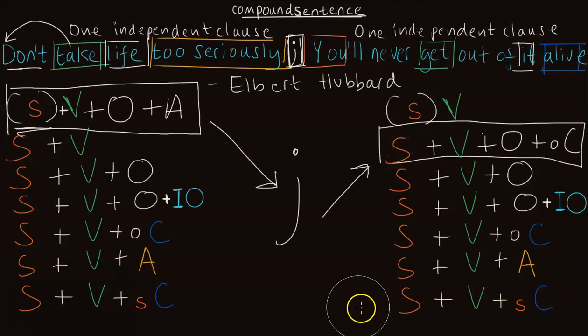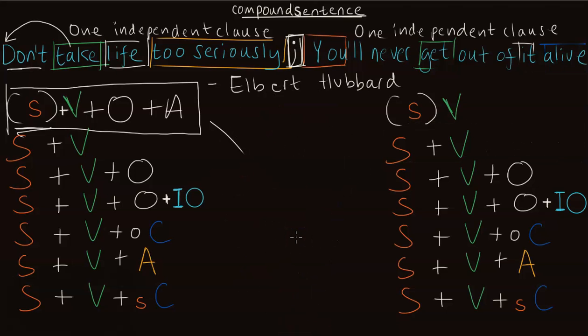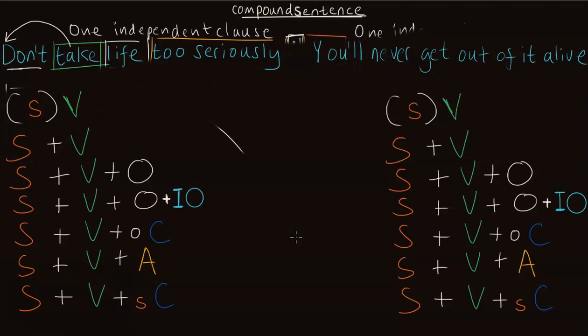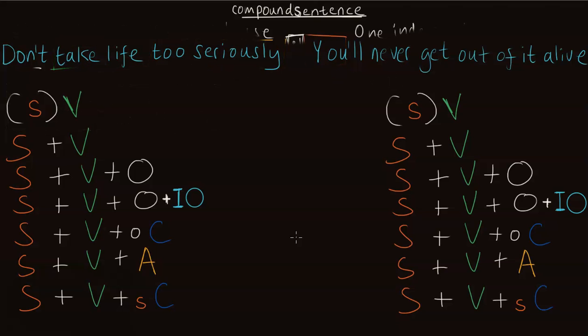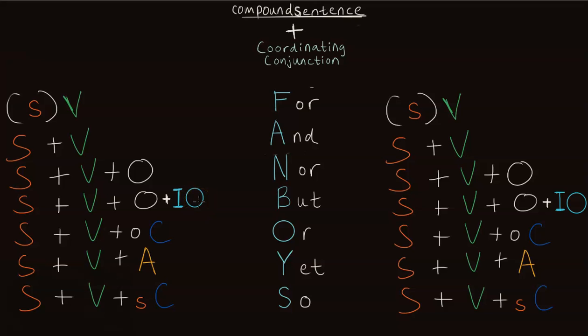Now, the two independent clauses that make up a compound sentence are not always joined together by the semicolon. Usually, they are joined by what we call coordinating conjunctions: for, and, nor, but, or, yet, and so.